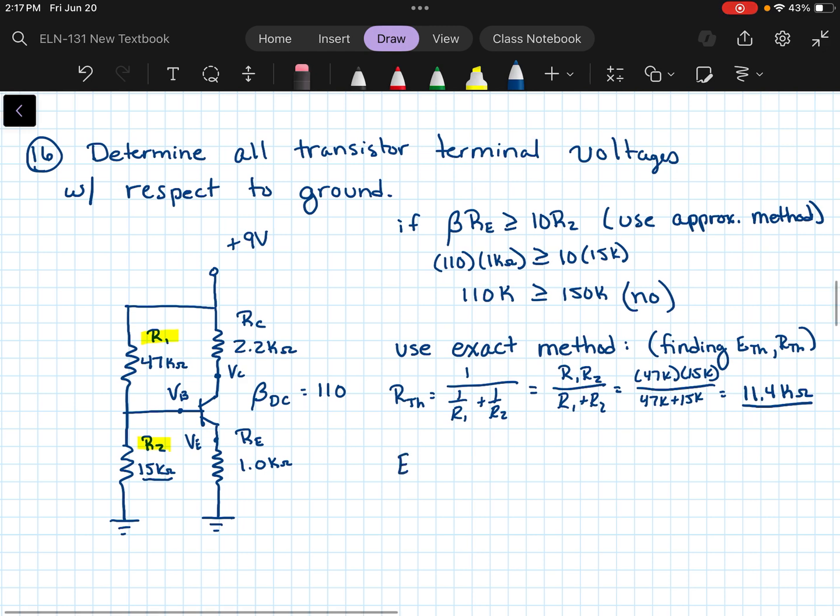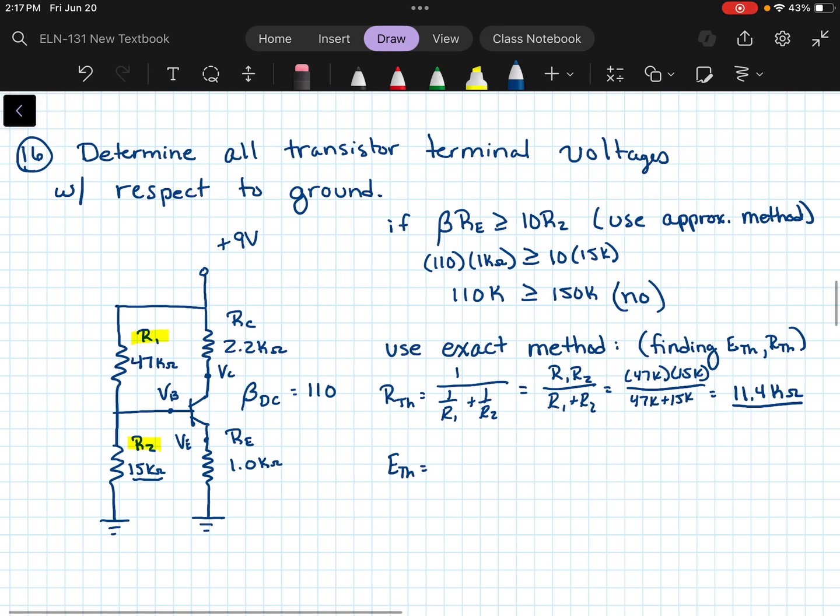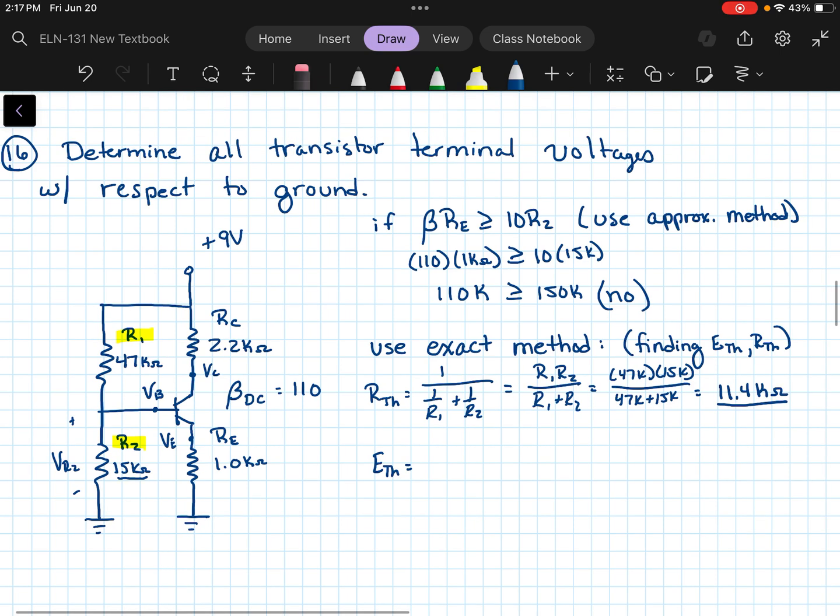Next, we want to find our E Thevenin. Now, for E Thevenin, all we need to do is find the voltage drop across R2. And we're going to use the voltage divider rule for that. So that's going to be R2 over R1 plus R2 times whatever that total voltage is, which is the 9 volts that we've applied at VCC.